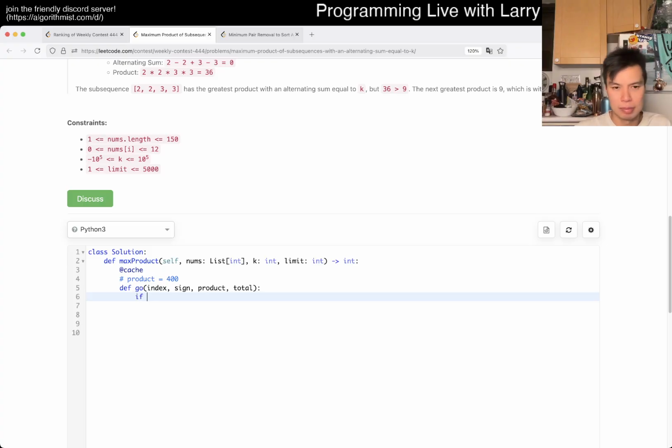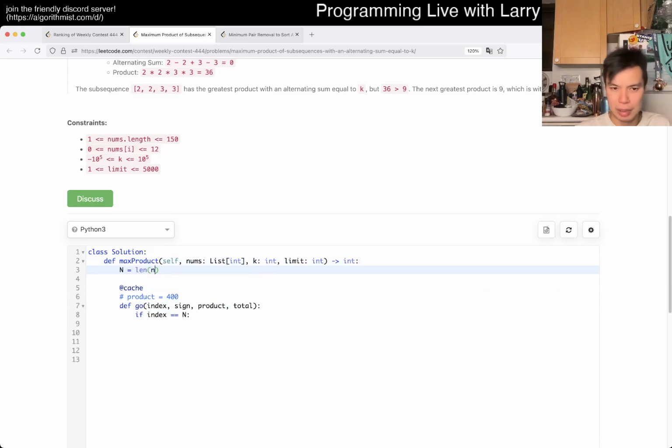Okay, well. I don't know. Maybe I should have written it, but maybe I should have skipped, I don't know. What am I returning here anyway? If total is equal to k, then we are Gucci, right?